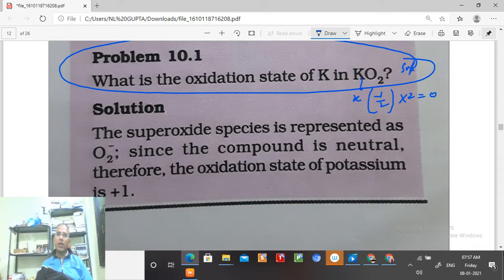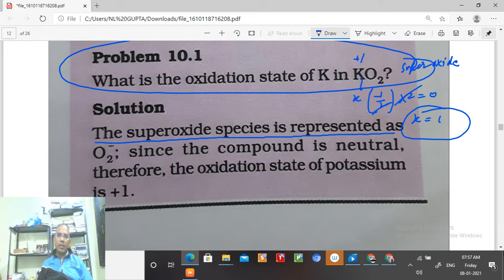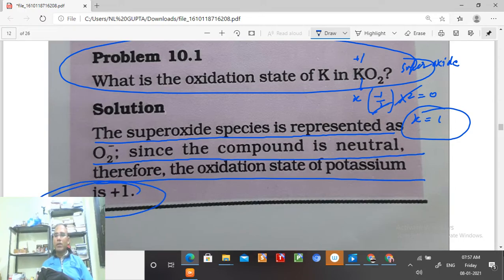In superoxide, oxygen has oxidation state -1/2, so -1/2 multiplied by 2 is -1. So X is equal to +1. The superoxide species is represented as O2 minus. Since the compound is neutral, the oxidation state of potassium is +1.